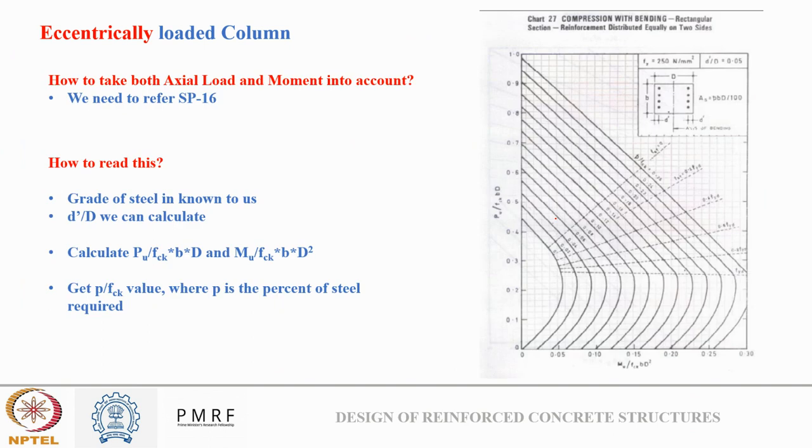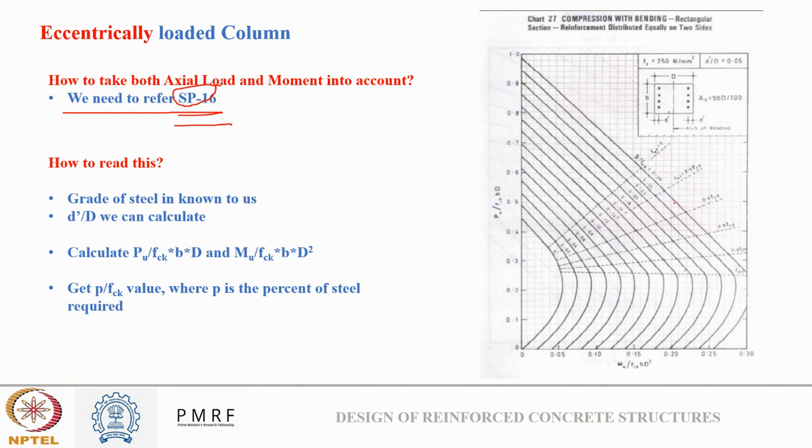Now, how do we take moment into account? For that we refer to SP16. These are specially designed guidebooks for design of structures as per IS 456. Everyone can have access to these guidebooks. It is freely available on Google.